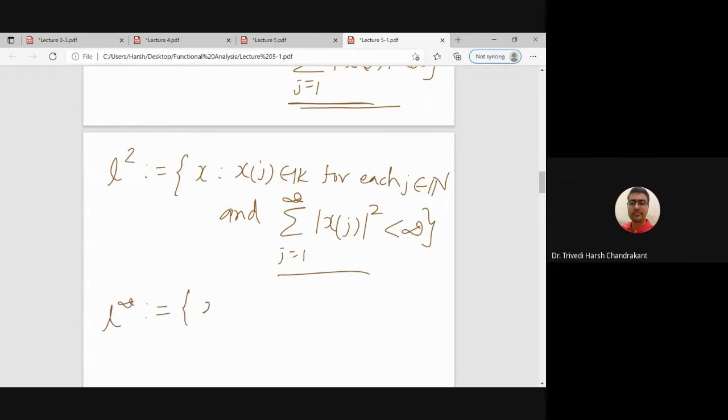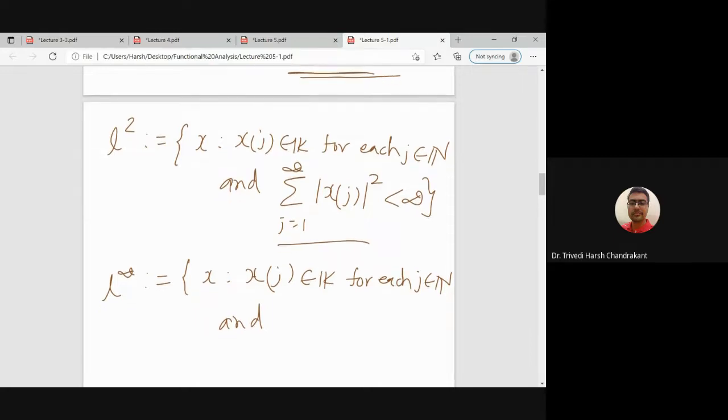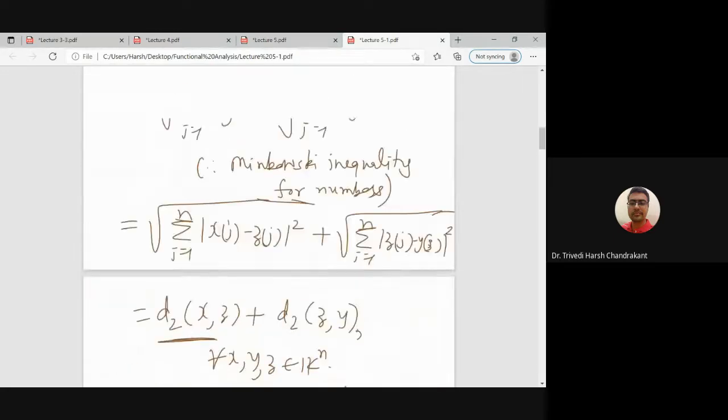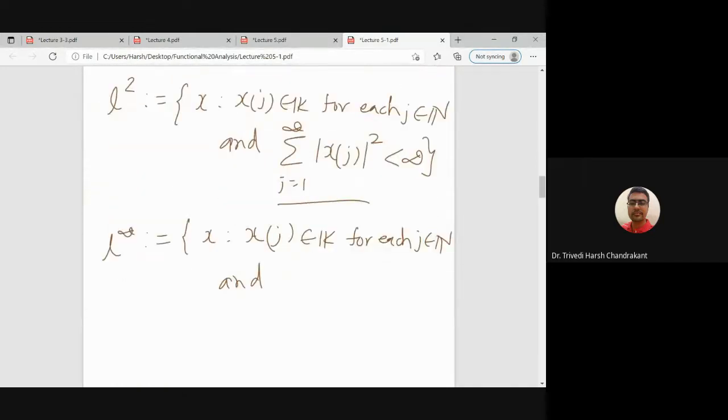And the final one is all the sequences such that each coordinate is from K, and in L infinity, where we had taken the maximum of the coordinates, now we have infinitely many coordinates, so we will take the supremum. The supremum of the modulus of the coordinates is finite. So basically the supremum exists.